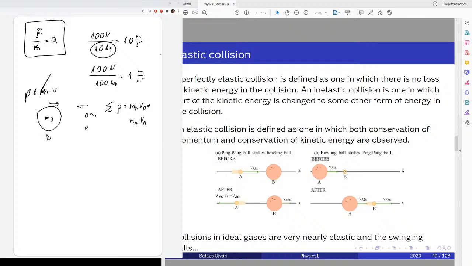And if there are no external forces, this is the only system we observe, and it's separated from the environment, this sum of the momentum shouldn't be changed by any collision.